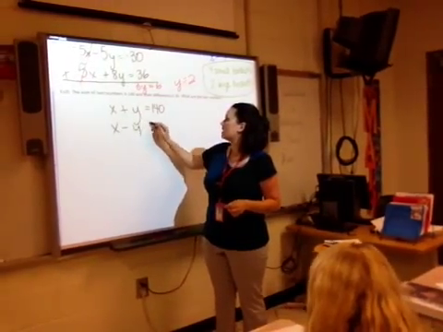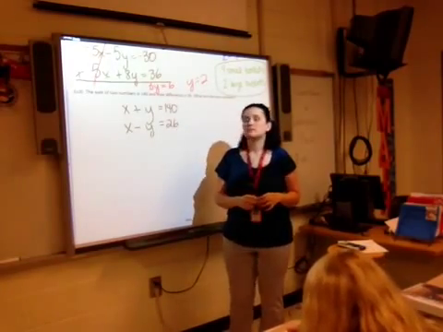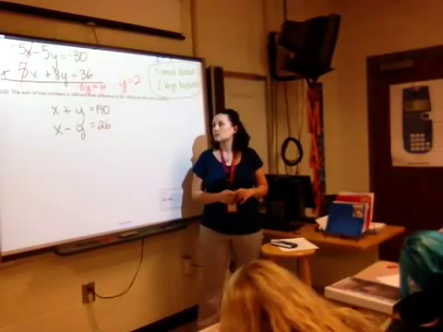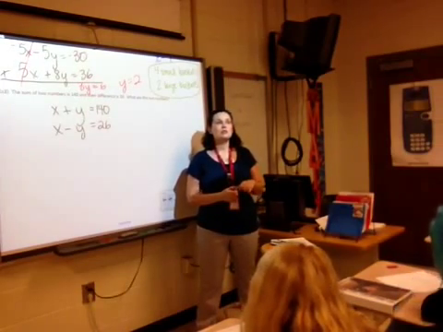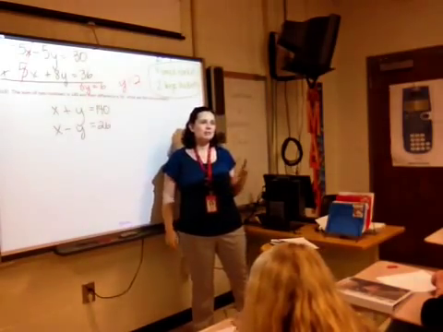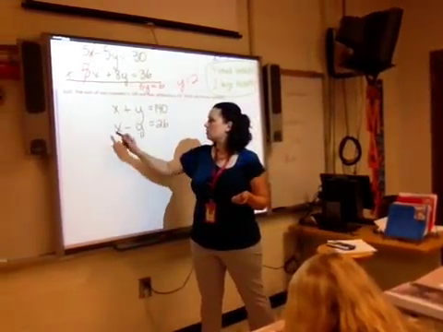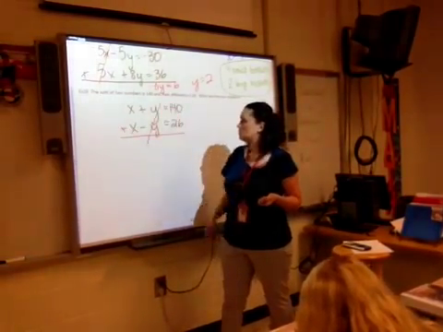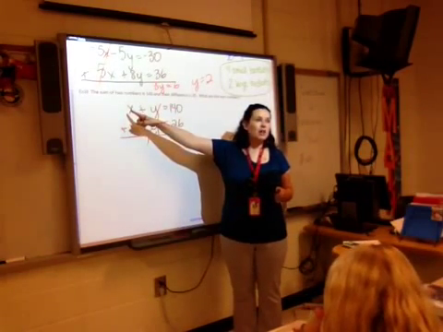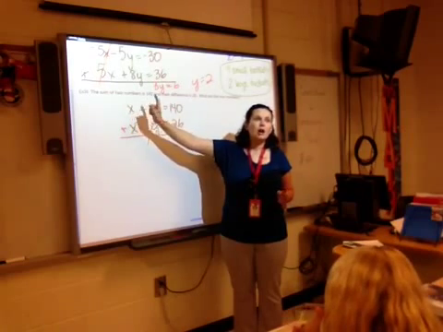X minus y equals 26. I would use elimination. Why? They're already set up to cancel. You don't have to do any work to it. There is no number in front of the x. What number is implied there? A 1.